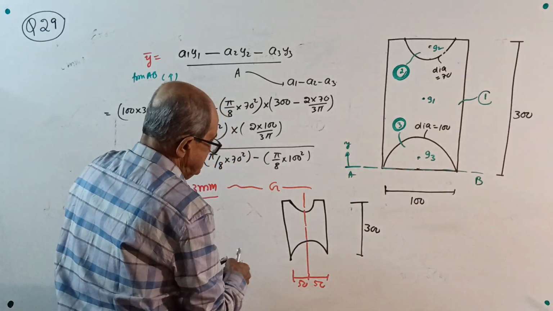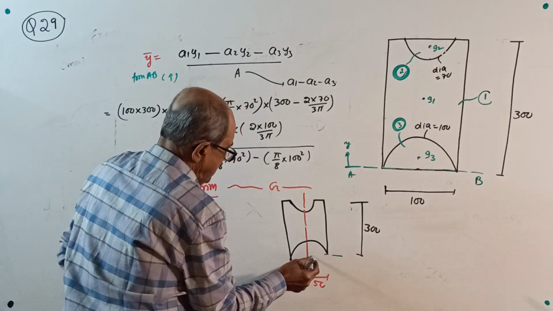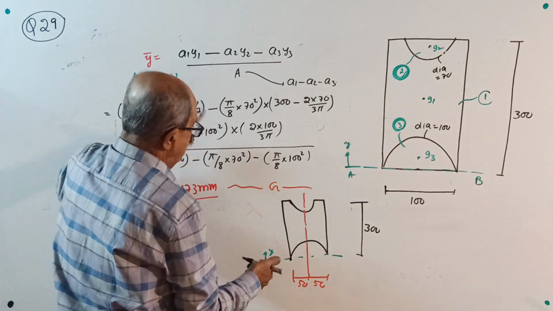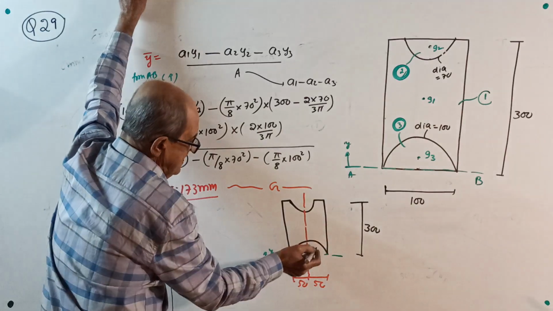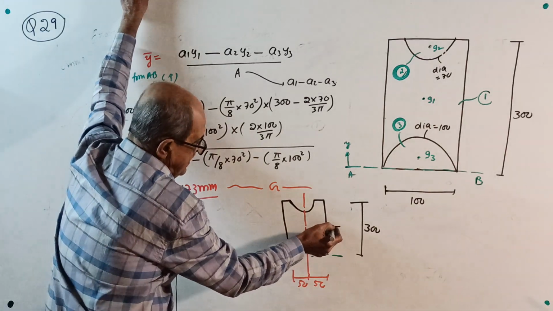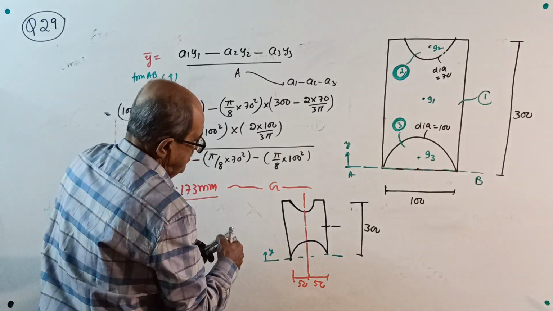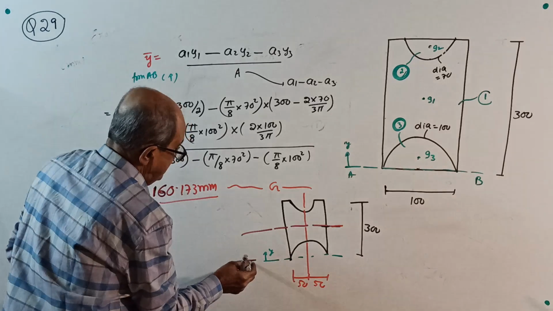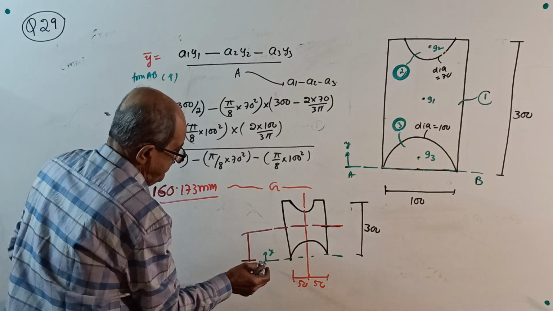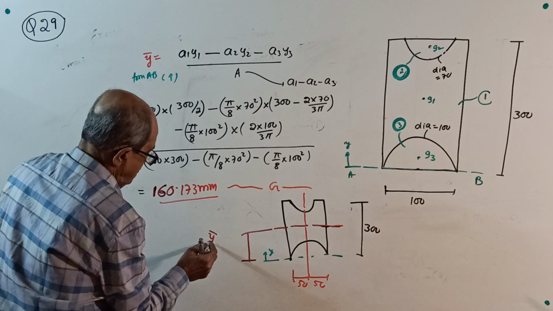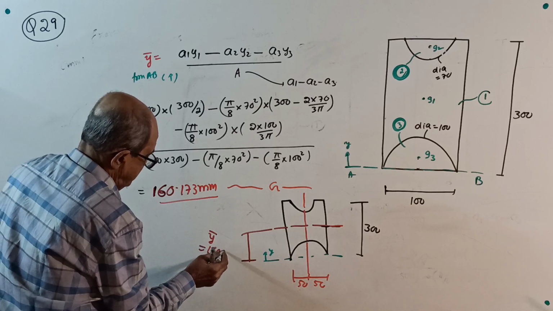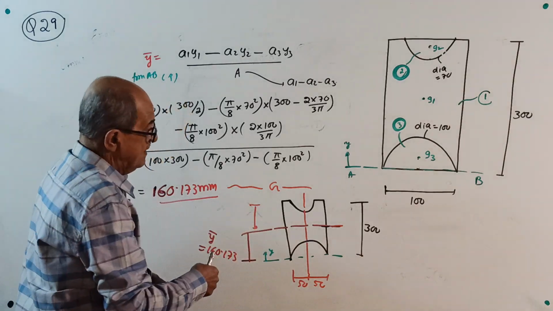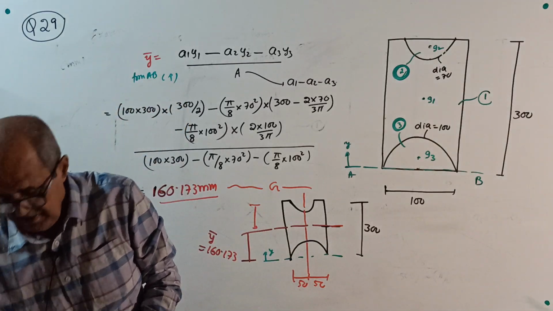From the bottom edge, you took Y this way and your Y bar came 160, slightly above the centroid. Y bar is 160.173 millimeter. From top, it will be subtract from 300.